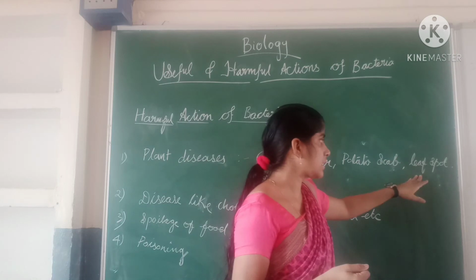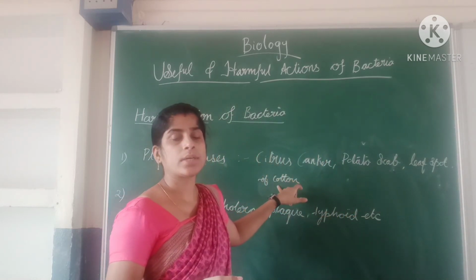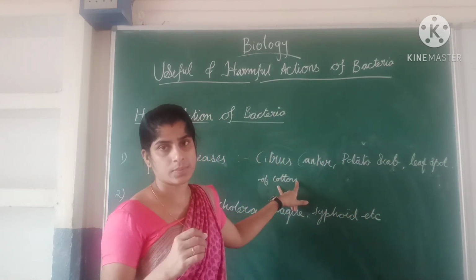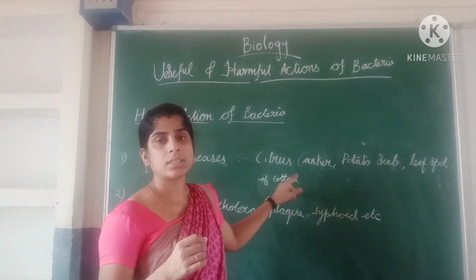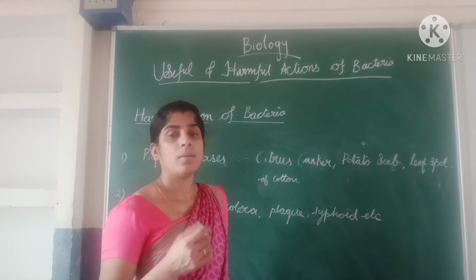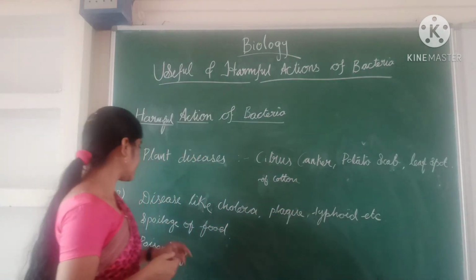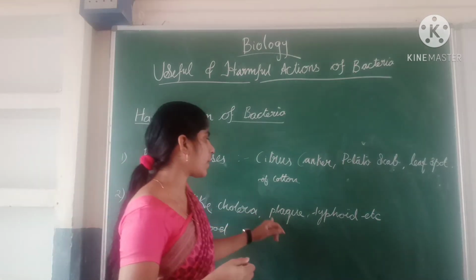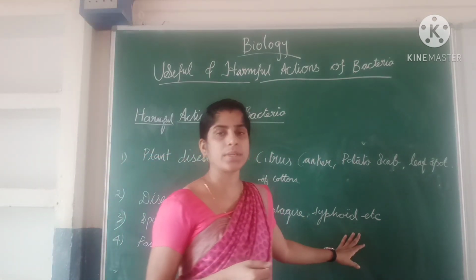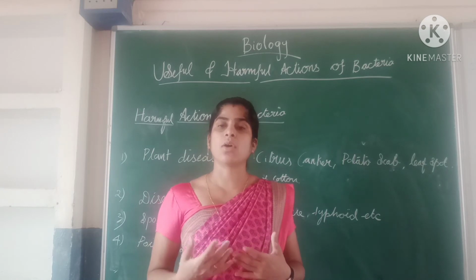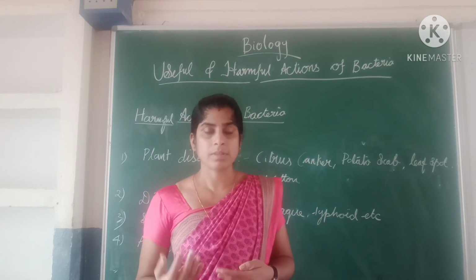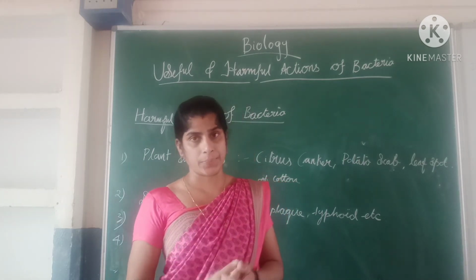And next is leaf spot of cotton, where the leaf has spots. These are also bacterial infections. And next are diseases like cholera, plague, typhoid, tuberculosis, pneumonia. These are examples of bacteria acting on the human body.